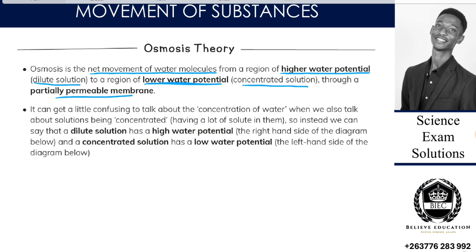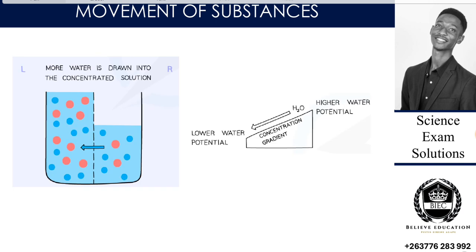So we want to look at the diagram next to this. As you can see on the diagram, we see high water potential and low water potential. We are saying high water potential, not necessarily where there is a greater volume, but where there is potential for the water molecules to move away.